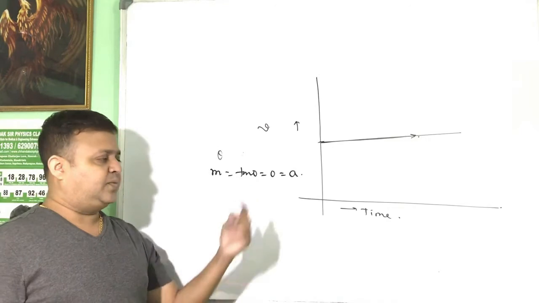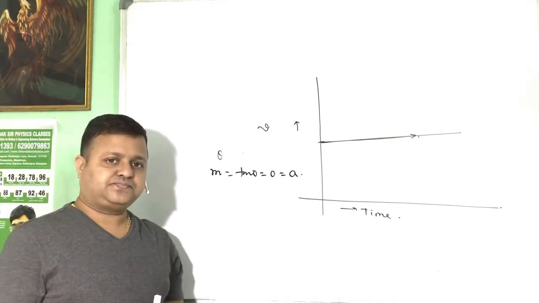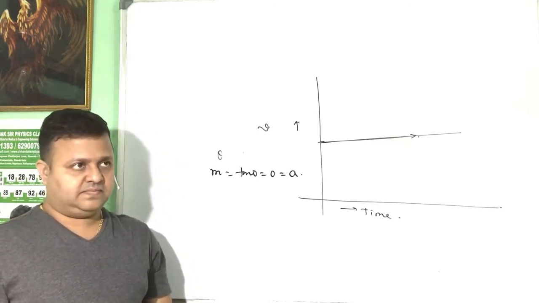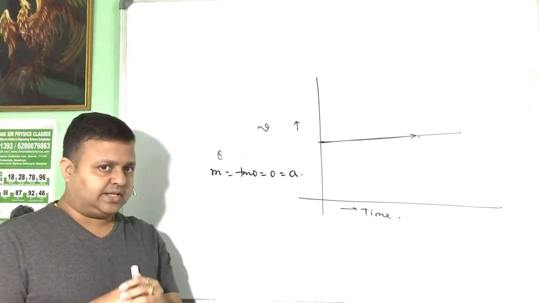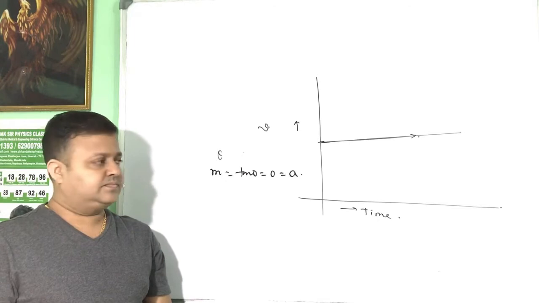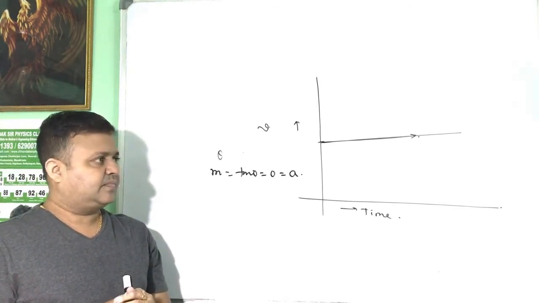So the slope is 0. That is, the acceleration is 0. That means the body is moving with a constant velocity.